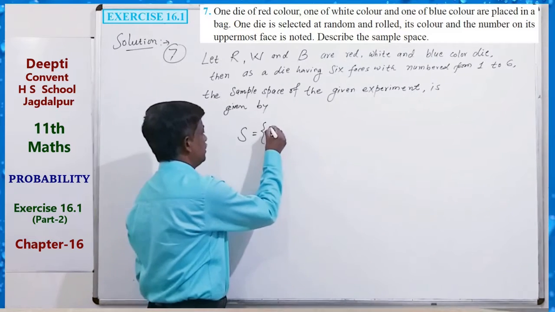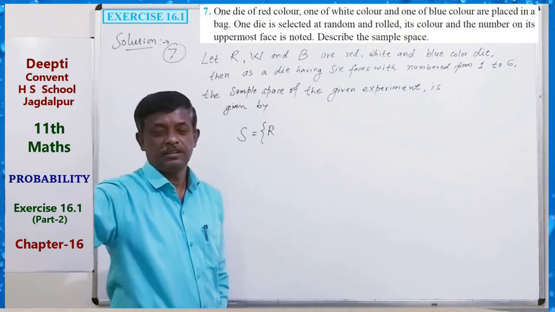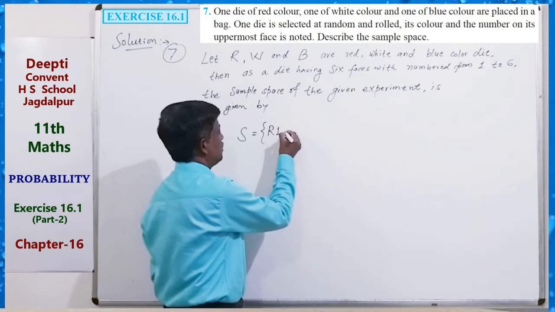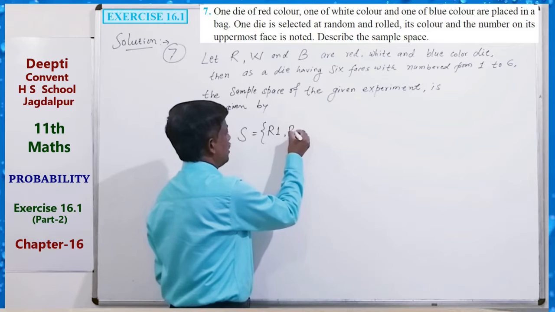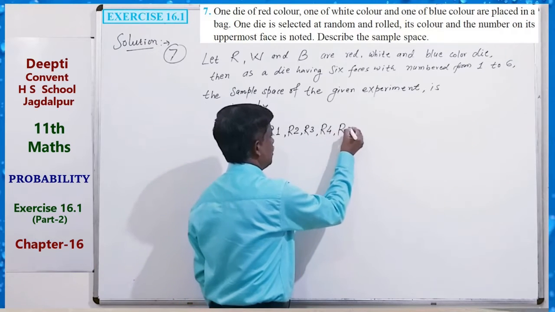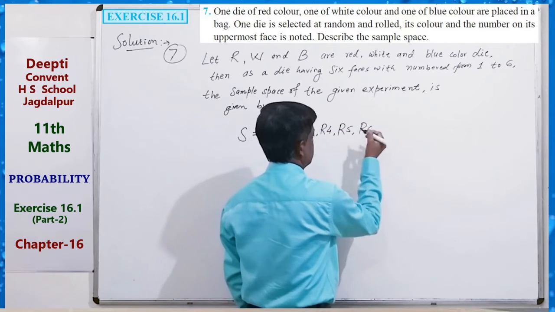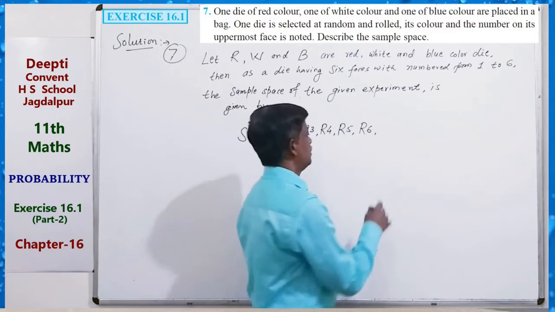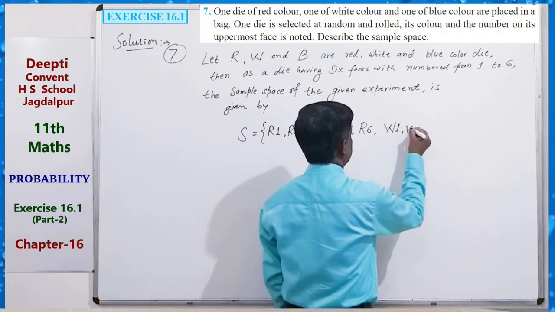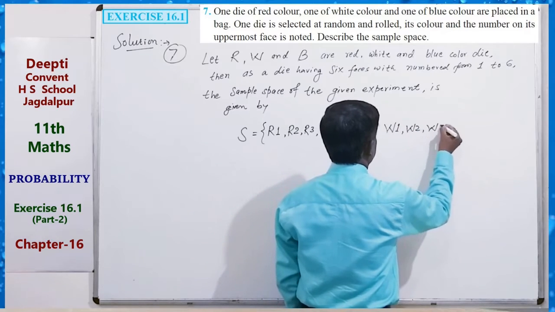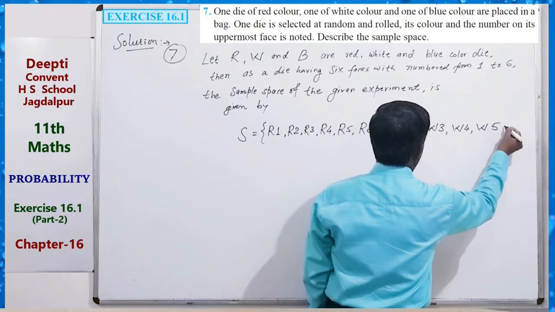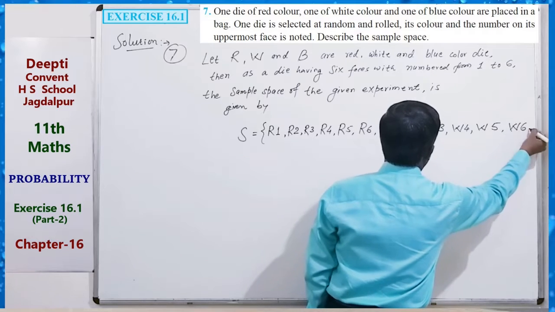Suppose the red color die is selected and rolled. Then 1, 2, 3, 4, 5, 6 with R. So R1, R2, R3, R4, R5, R6. If the white color die is selected, then W1, W2, W3, W4, W5, W6.